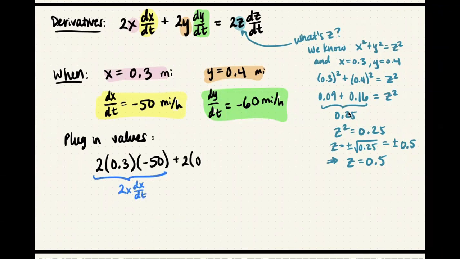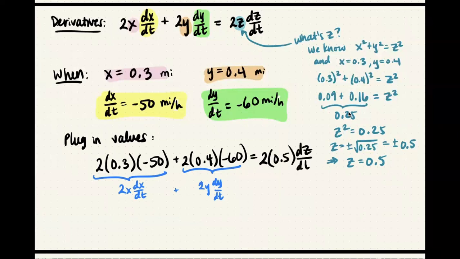Plus 2 times y dy dt equals 2 times z dz dt. I'll just do the whole thing. Equals.